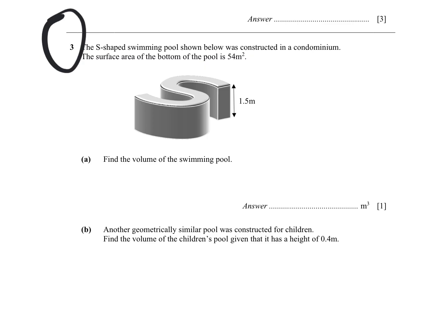I have a S-shaped swimming pool constructed in a condo. So like this shape. Okay, and the surface area of the pool, that means this letter S, has area 54 meters square.